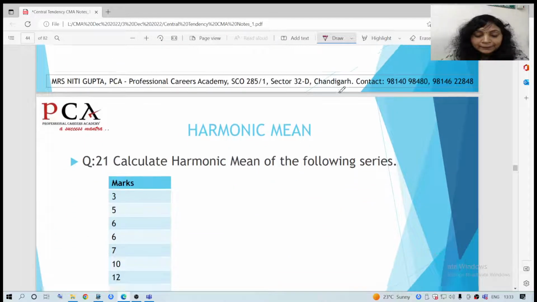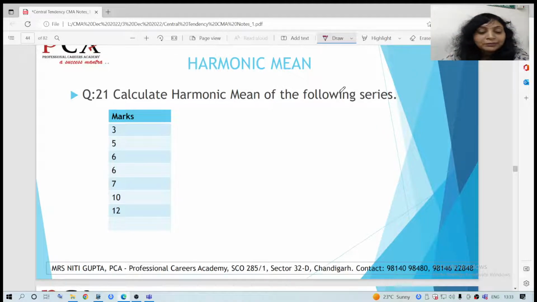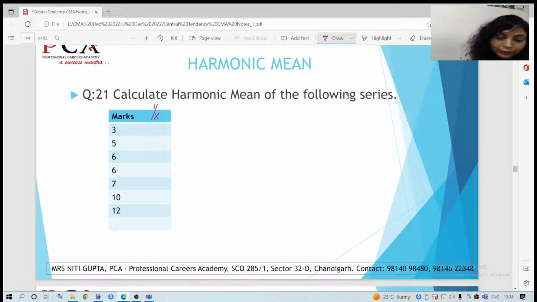First, calculate the harmonic mean of the following series. As we see, this is an individual series. First we have to find 1 upon x. That means 1 upon 3, 1 upon 5, 1 upon 6, 1 upon 6, 1 upon 7, 1 upon 10 and 1 upon 12.